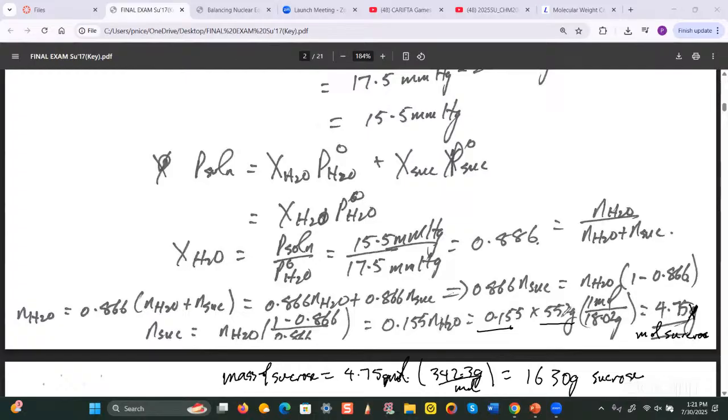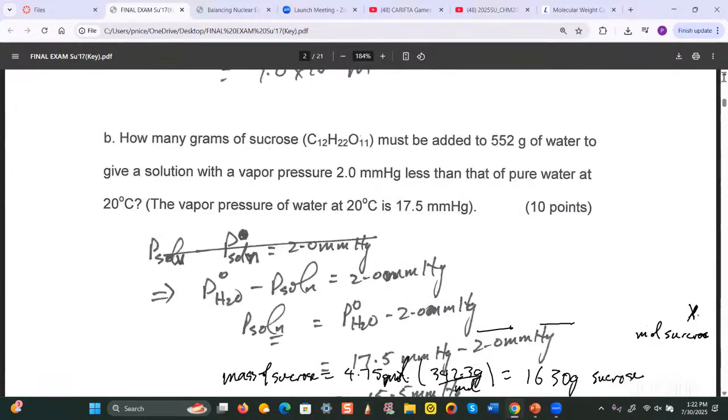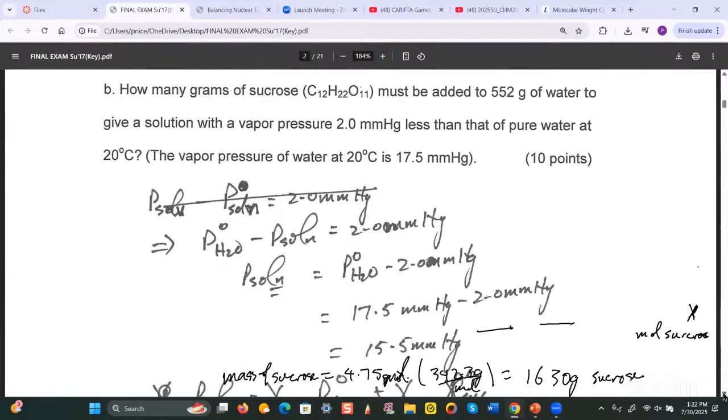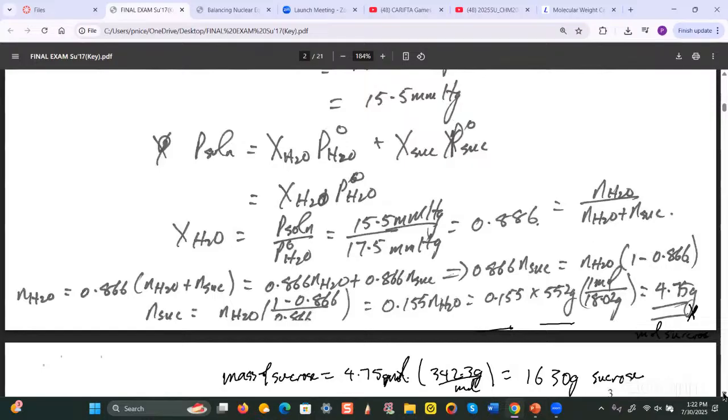Here is where the moles of water comes in, because the question gave us the mass of water.